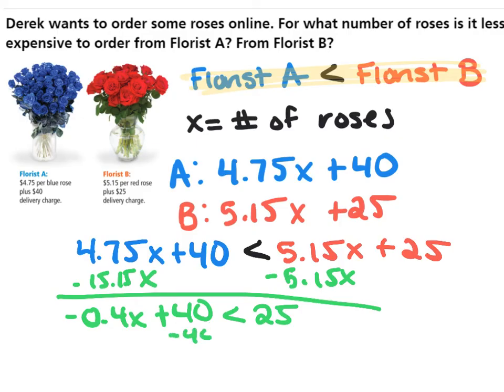Then I subtract 40 from both sides. So I have negative 0.4x is less than negative 15.